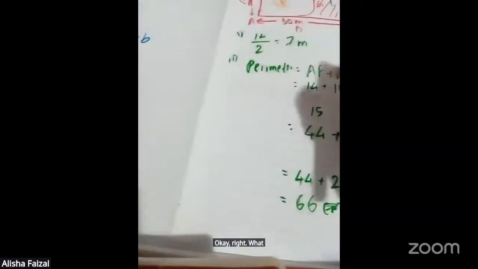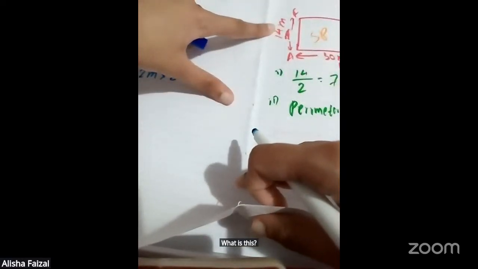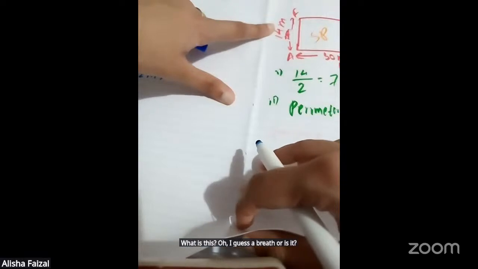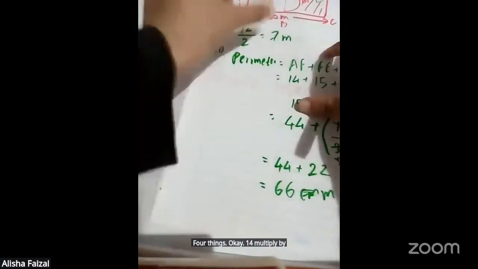Okay, right. What is the length? What is this length? Oh, you say breadth. What is it? 14 meters. 14. Okay. What is this length? 15.